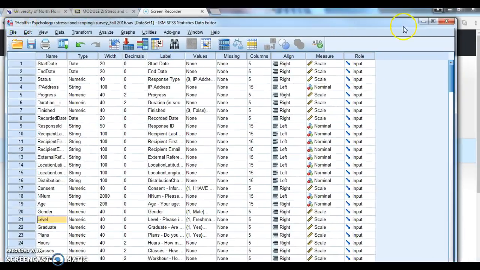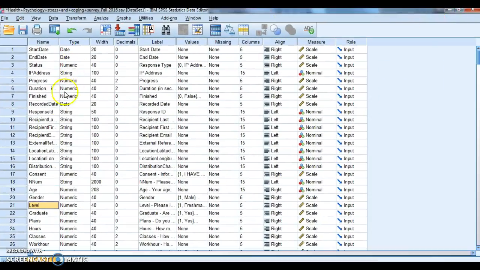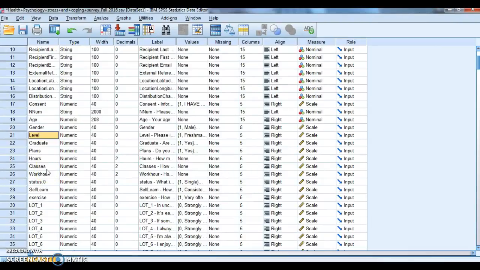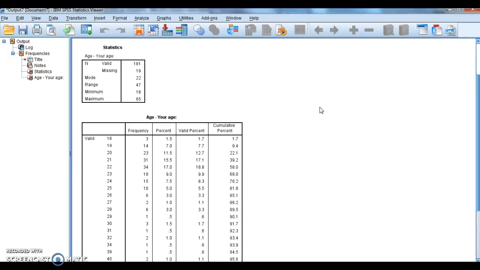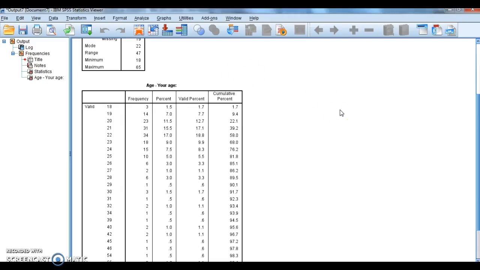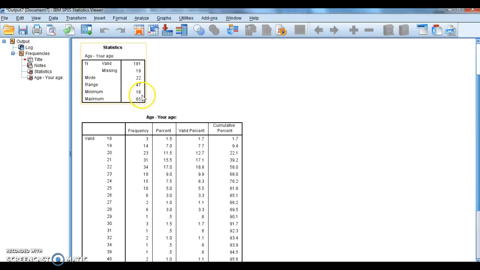I'm using our data set, and first let's just sort of look at some of the demographics for this final data. For example, in terms of age, our mode is 22, so most people taking the surveys are 22, with a range between 18 and 65 years.